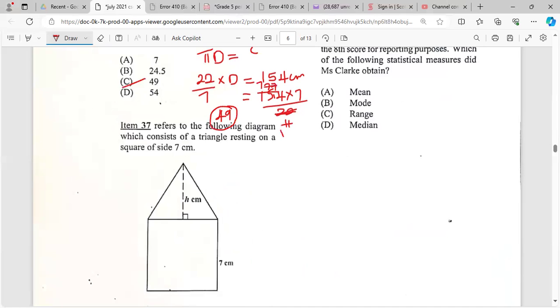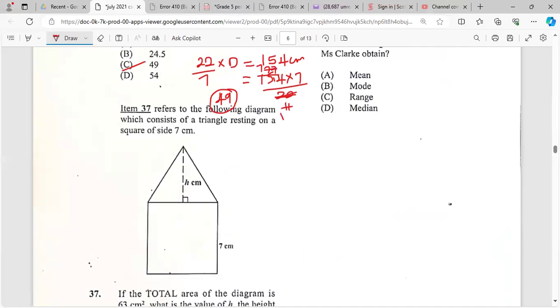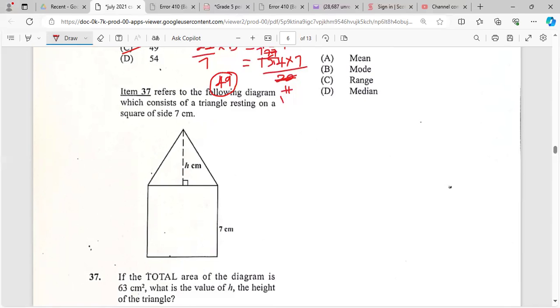Alright, item 37 refers to the following diagram, which consists of a triangle resting on a square of side 7 centimeters. If the total area of the diagram is 63 centimeters squared, what is the height of the triangle?